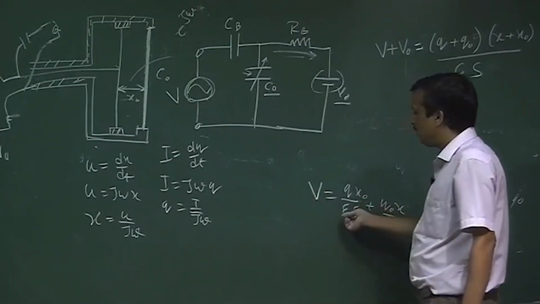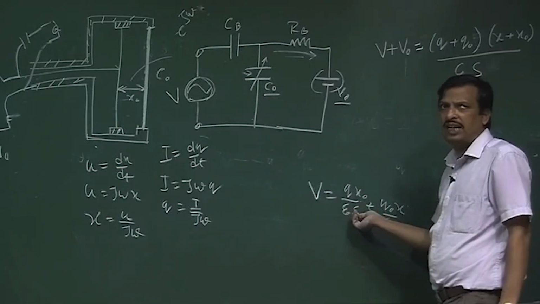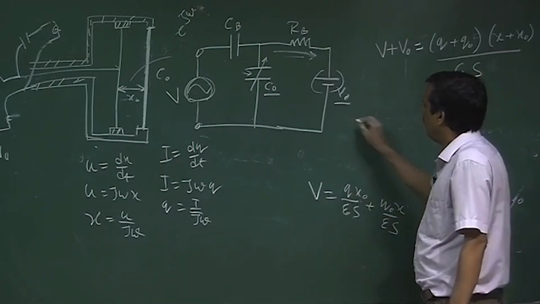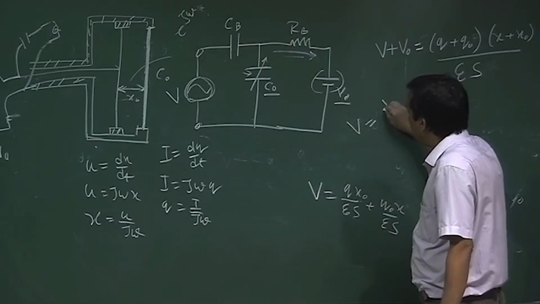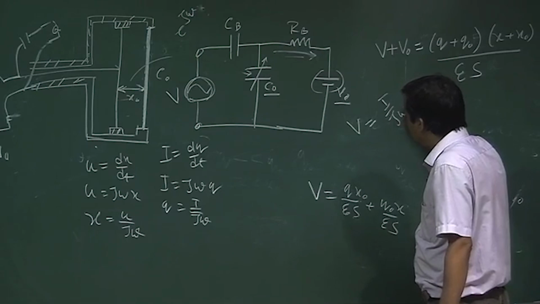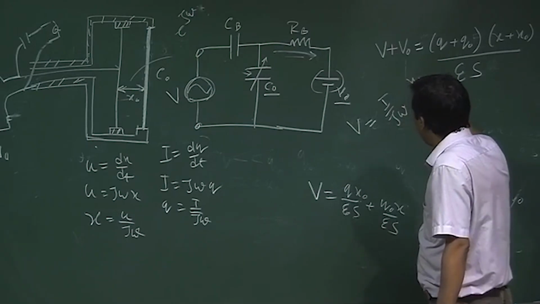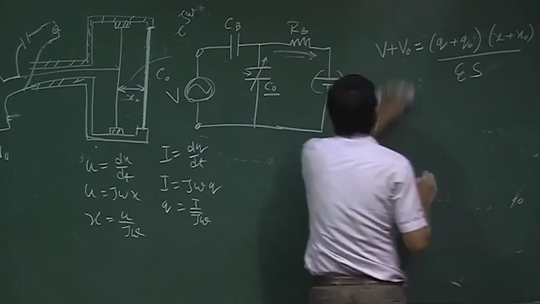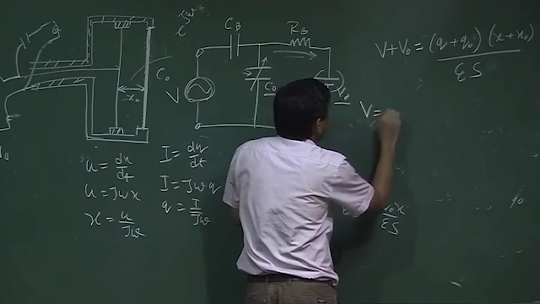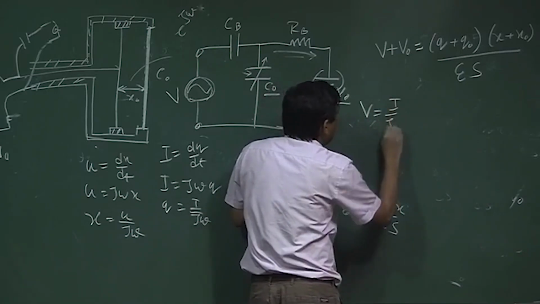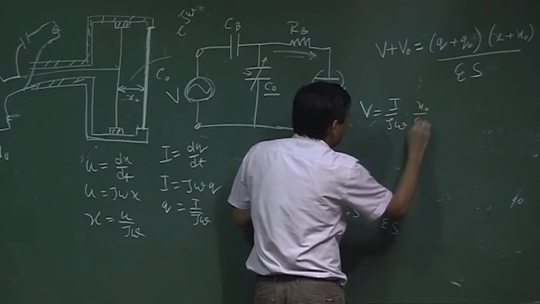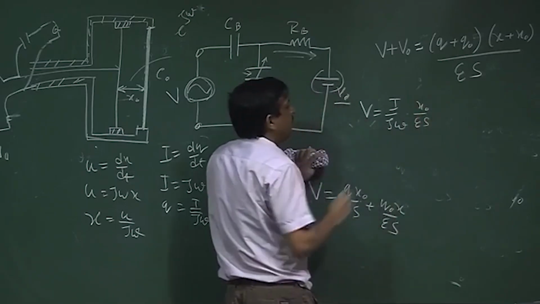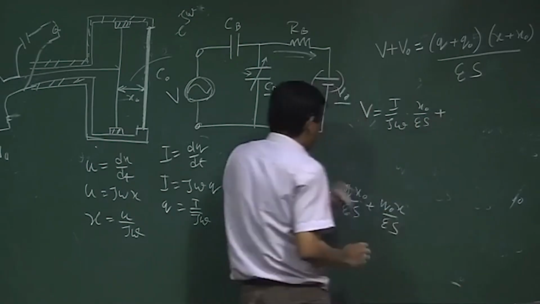x0 is constant, epsilon is constant, S is constant, I cannot change. So, I replace q by I. V is nothing but I by j omega into x0 by epsilon S, plus, what is x?